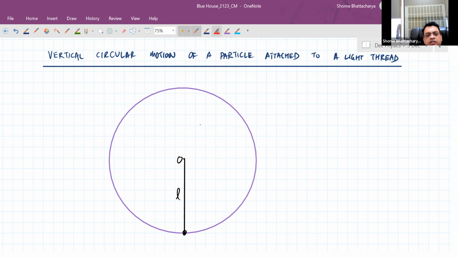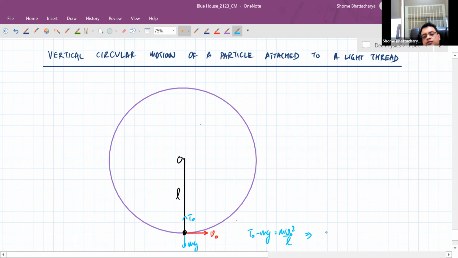If it is given a speed V0 at the lowest point like this, what we had seen in the last section was that the tension at the lowest point is such that tension minus weight is equal to mv square by r. So the tension is equal to mg plus m v naught square by L at the lowest point.